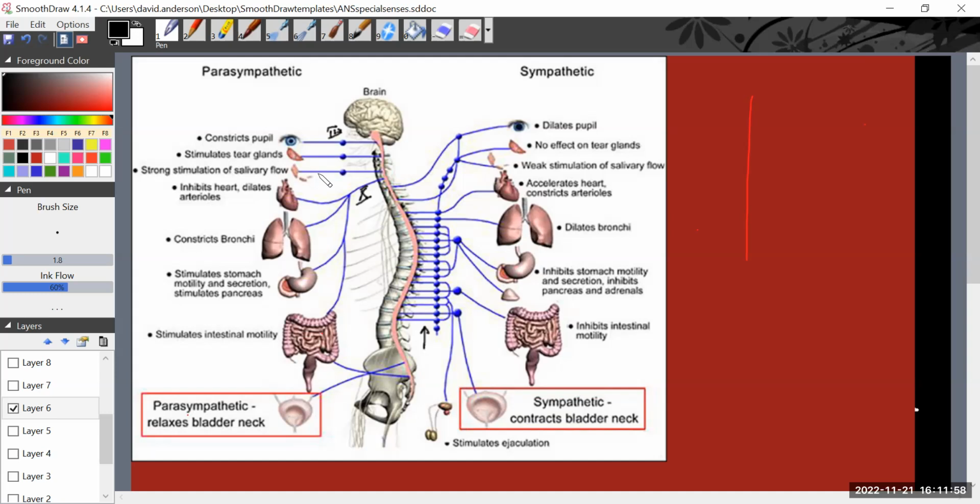And the inner part will actually be stimulated, but the outer part will be inhibited. So I think the best way for us to deal with that is just to ignore it, because of the differences there. We'll be talking about those hormones when we get to the endocrine system. We're going to start that shortly.